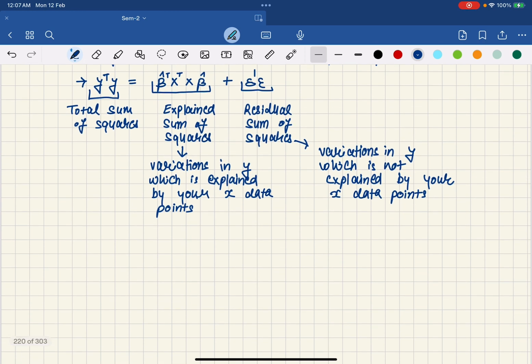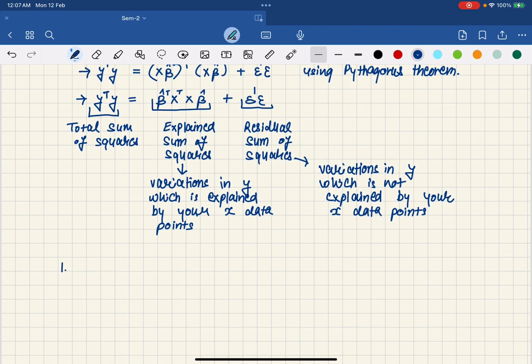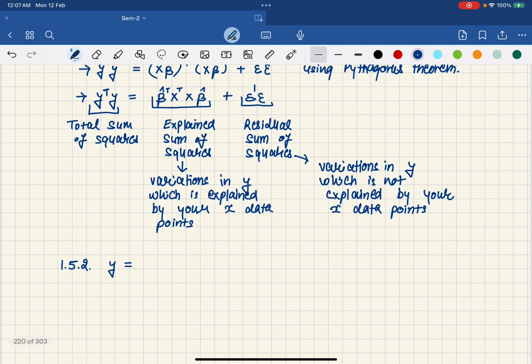Now we will look at the second method. Right. So in the second method, we have y is equal to Py plus (I minus P)y, right?